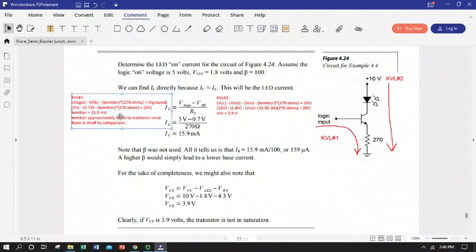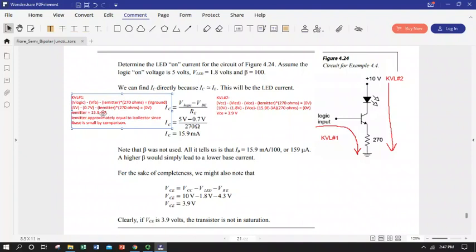And so we used the base KVL, but we didn't need beta because we didn't have a base current to worry about in this case. So we only had one variable. We had what we were told is a 5 volt input, which is the base voltage, minus the base emitter junction, minus the voltage drop over this 270 ohm emitter resistor, takes us back to ground.